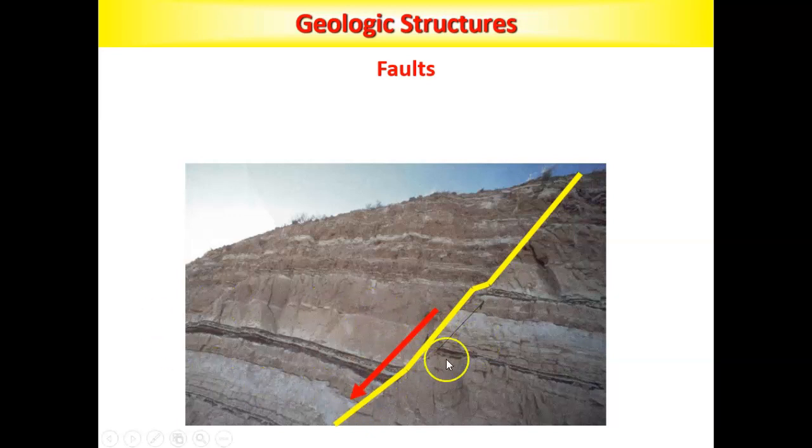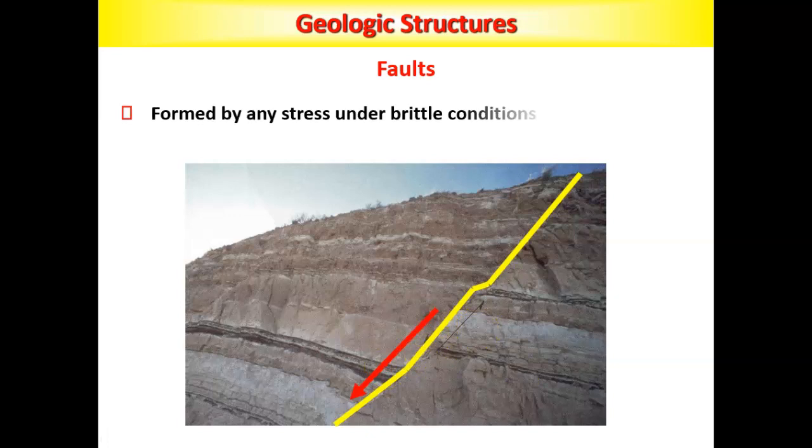If these layers were once laterally continuous and there's been a shift, we would argue that this side of the block must have moved down, or maybe this side has moved up, but there's definitely been some motion across that feature.